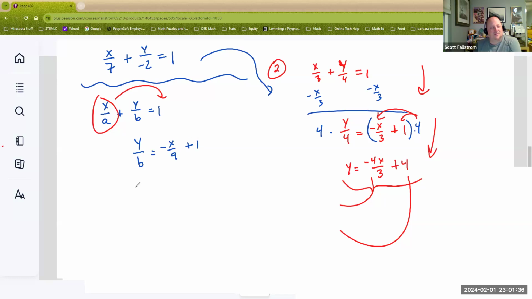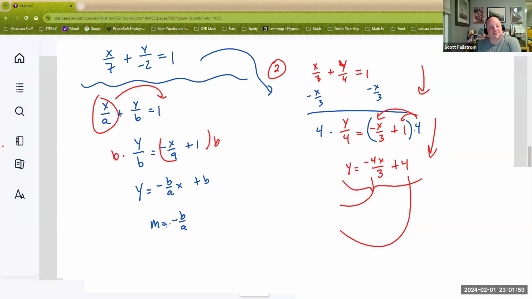Now multiply everything by b and take a look at what you get. If you multiply everything by b, you get something where you could read it off. This is why I love generalizing. I end up with y equals negative b over a times x plus b. Is that cool? Because to me, that's super cool.